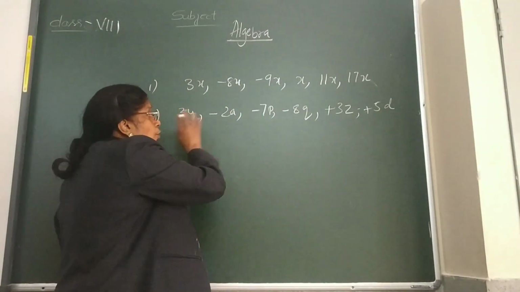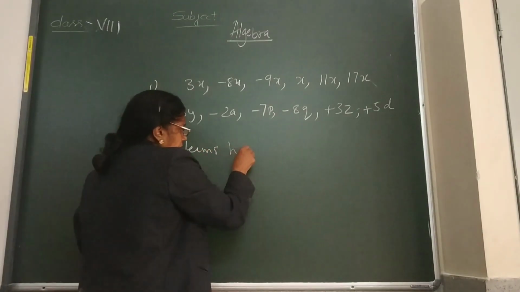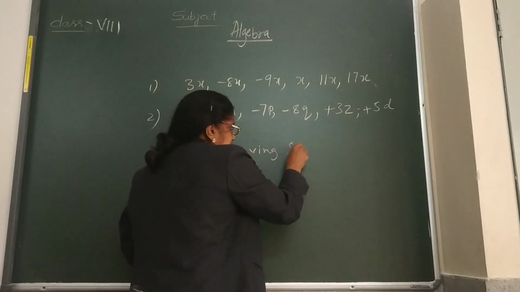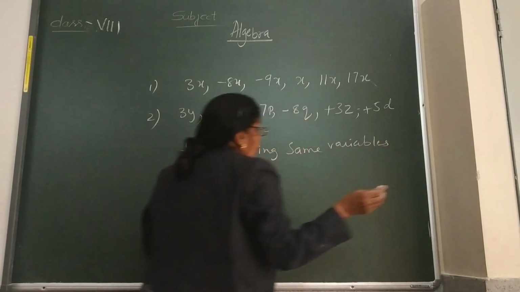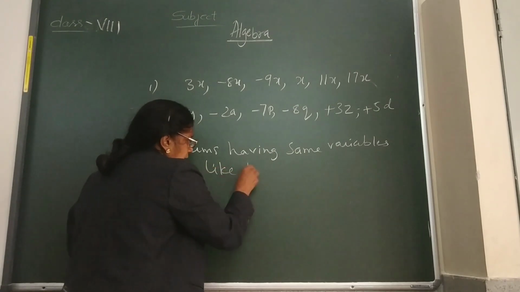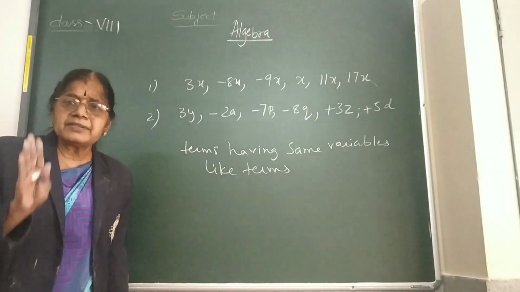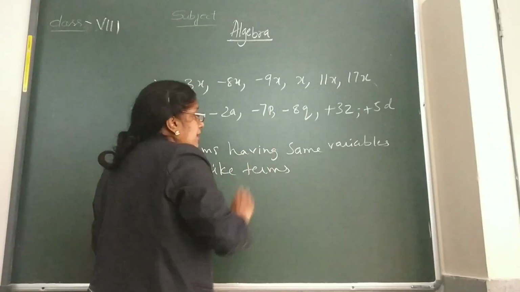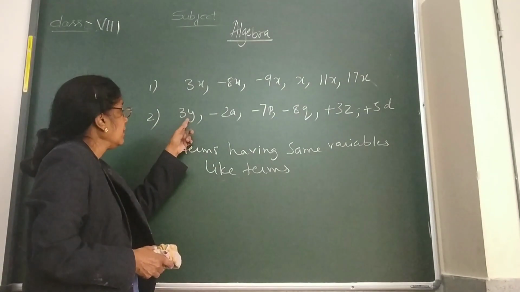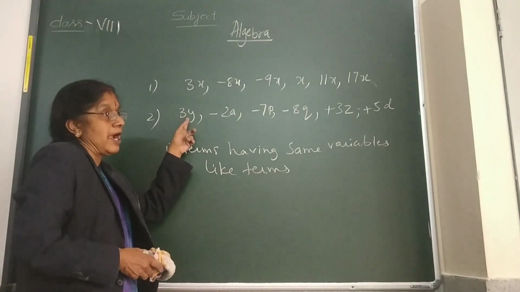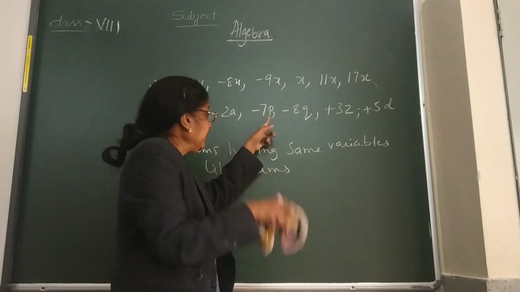So we can group terms by variables also. Terms having the same variables are called like terms. Now you know what is meant by like terms. See the second example: in the first term y is the variable, in the second term a is the variable, in the third p is the variable.